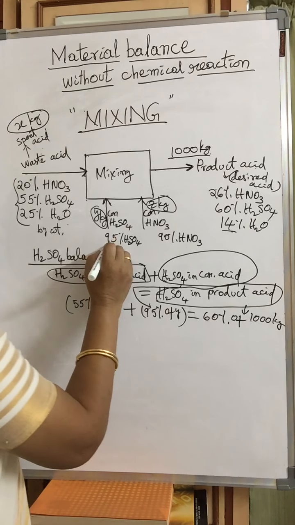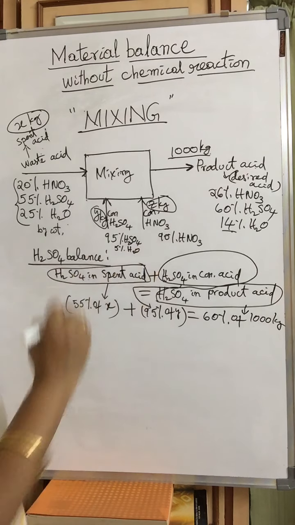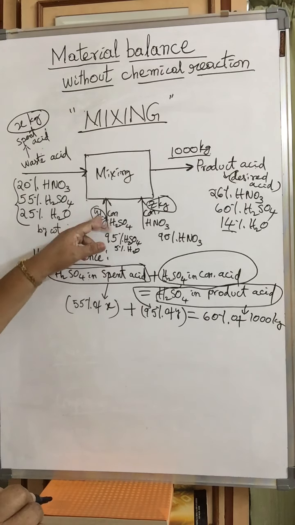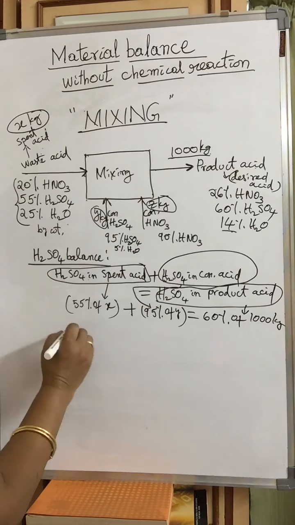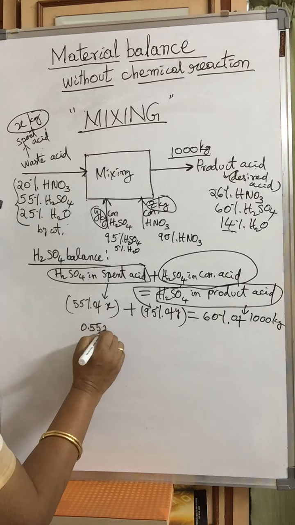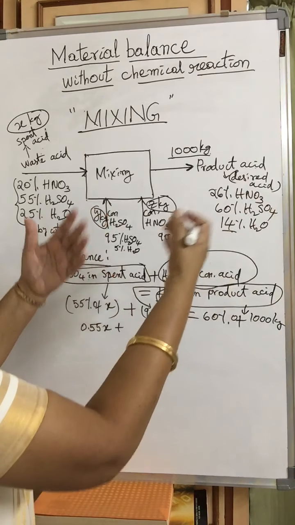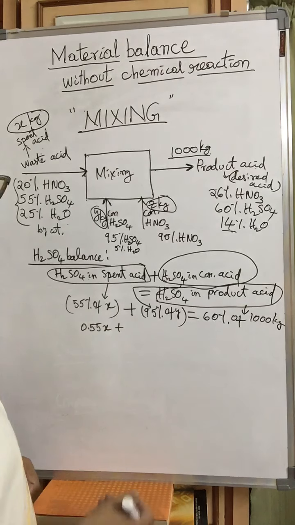Here 95% H2SO4 means the remaining 5% is water. Water is also there. So now you can easily do this. Once this is clear to you, the rest of the components you can write very easily.